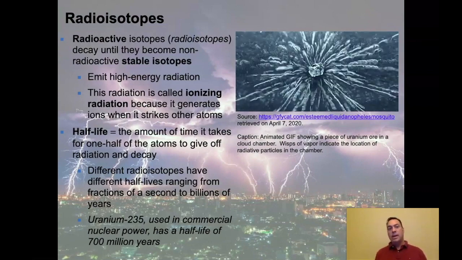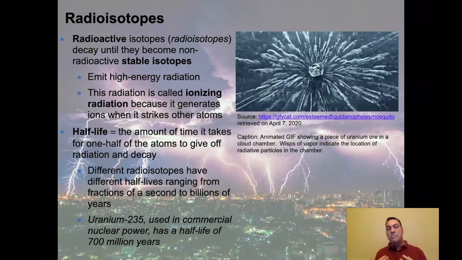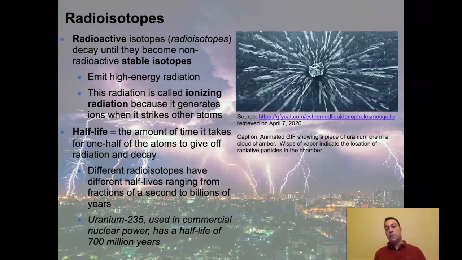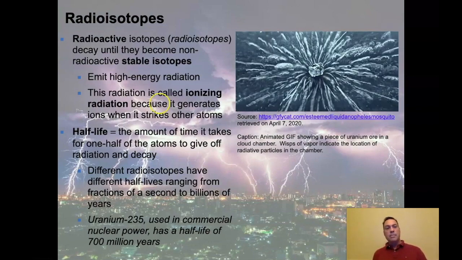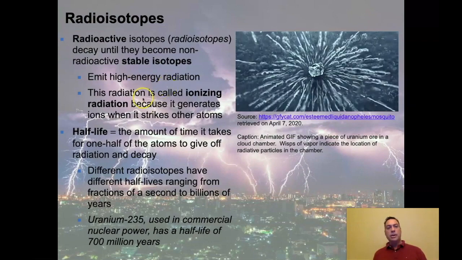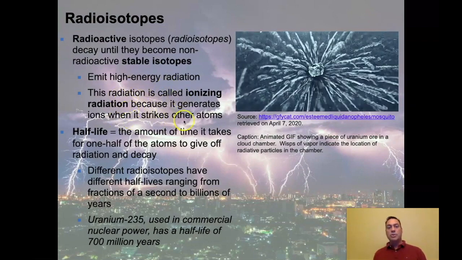It will decay and become another form by emitting high energy radiation of some sort. There are 3 different common forms. This radiation is called ionizing radiation because it generates ions when it strikes other atoms.